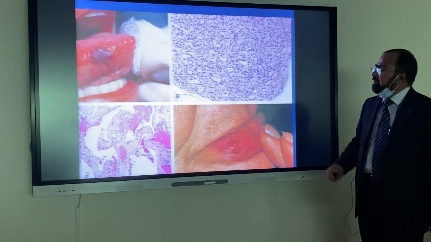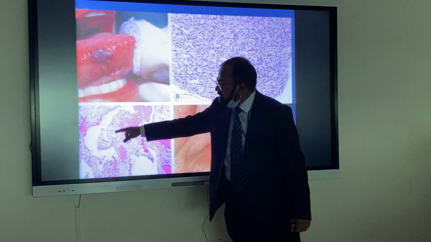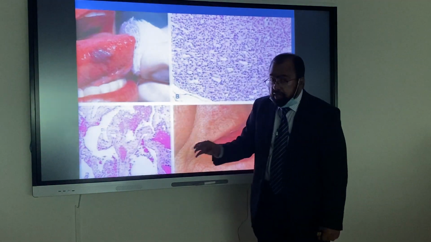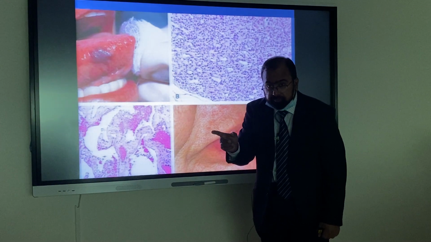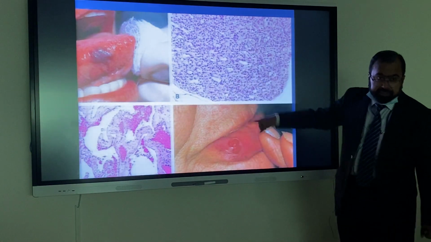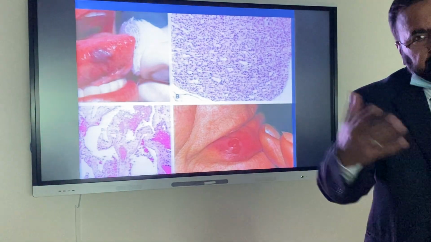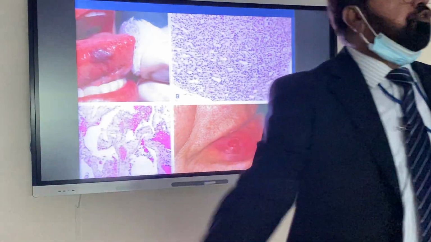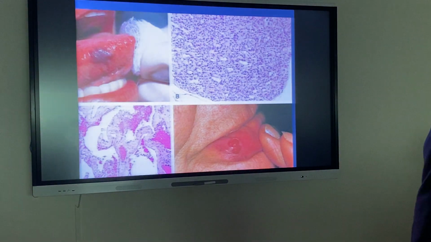On the other hand, you see big vascular channels, right? Now the important thing between hemangioma and lymphangioma: you see RBCs in between. If you see RBCs, that will be hemangioma. If you don't see RBCs, you will call it lymphangioma. This is a simple thing.